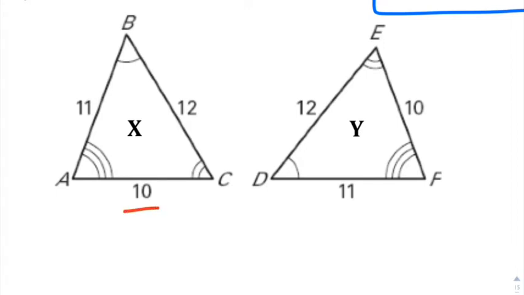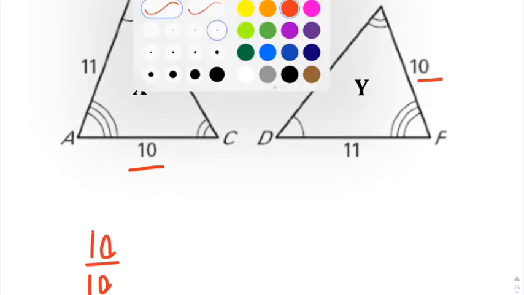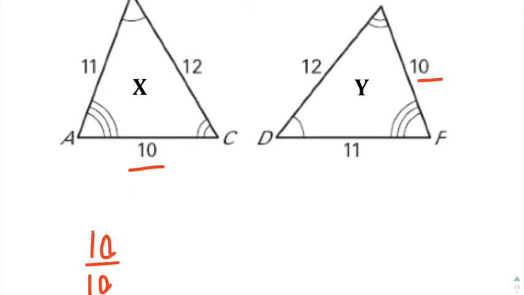On triangle X it's 10, and then compare that to the other shortest side. We got a 10 to 10 ratio, which reduces to 1. Next longest side is 11. Compare that to the next longest side of Y, that's also 11. So those are equal so far.